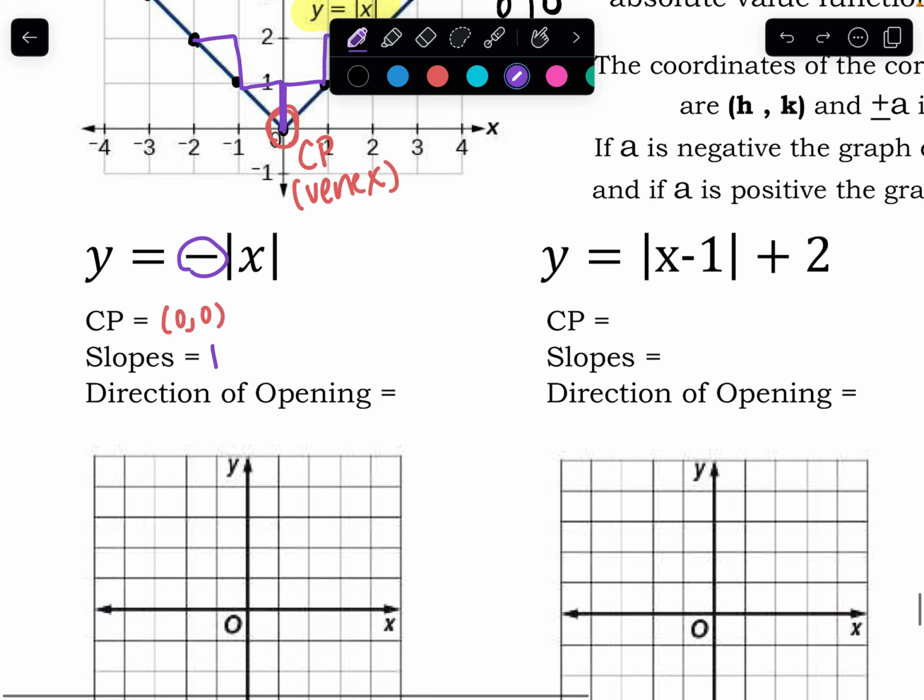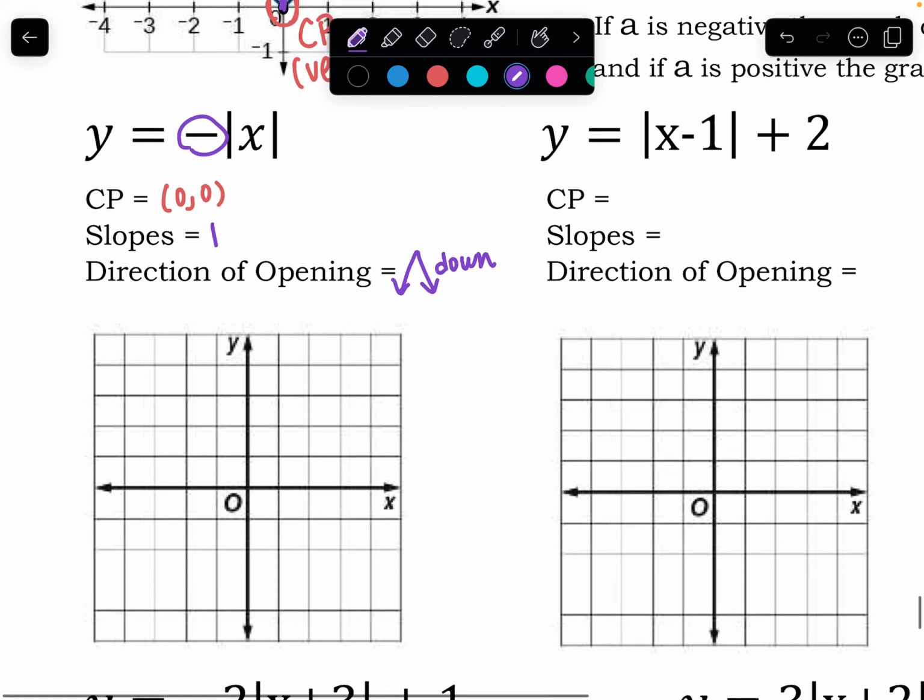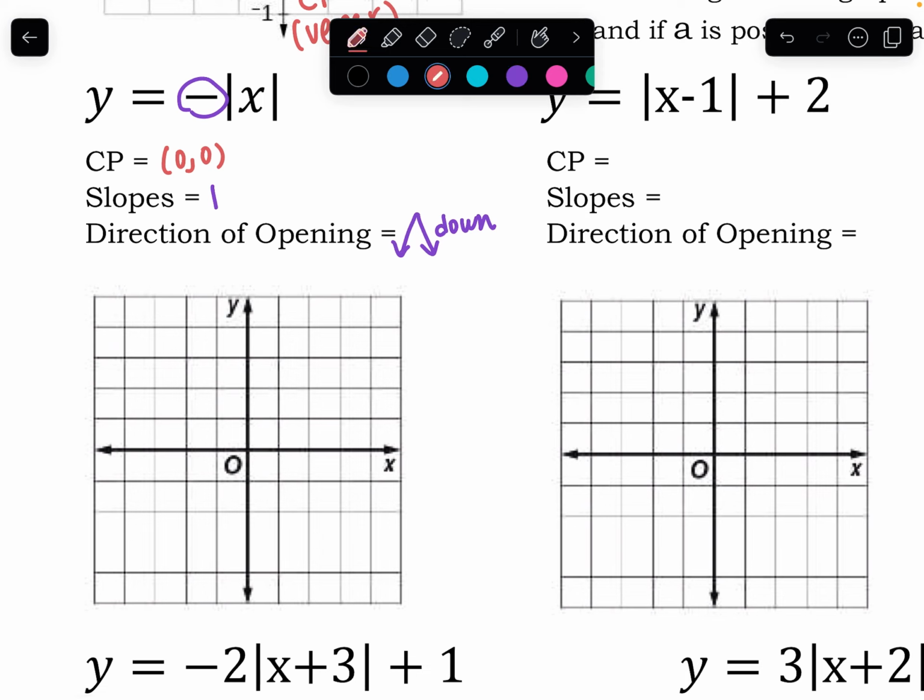There's just a negative sign. And so that negative sign just means it's opening down. And so we can graph this by starting at the critical point 0, 0. And then remembering it's opening down, we're going to have a slope of 1 for each of the branches. And so just down 1 over 1, down 1 over 1 on each side of our vertex.